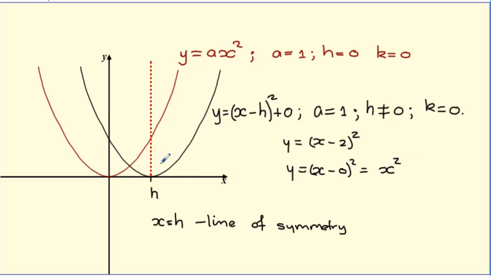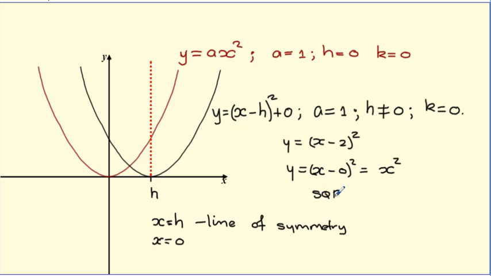which we can simply write as x squared. Now if we look at the standard curve, we already said the line of symmetry is x equals h. So in this case, our h is 0, which means our line of symmetry is x equals 0. Now at this point, we need to reflect that the function here is actually a square function.